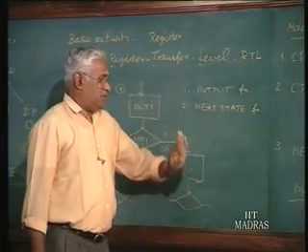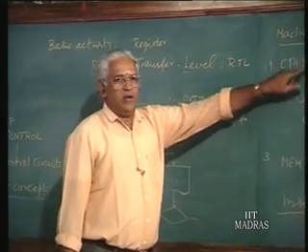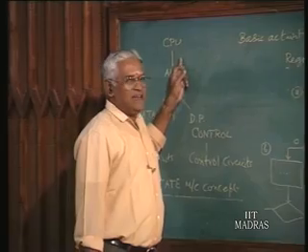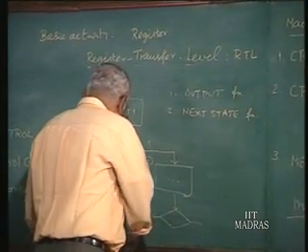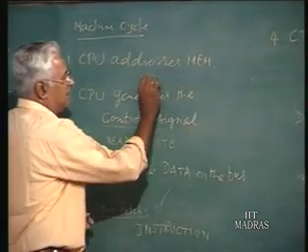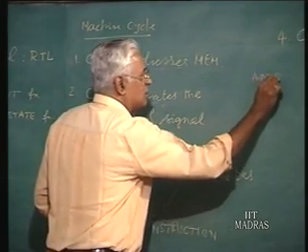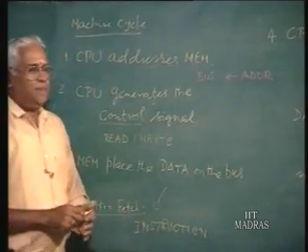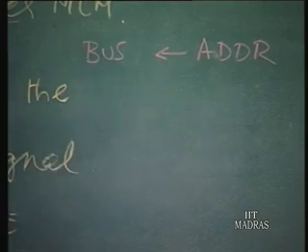Now let's get back to our basic concept. What is that? CPU addresses the memory. So the CPU must place the address on the bus. So now this I will try to translate into this. CPU addressing the memory, this particular thing I will rewrite as some address is placed by the CPU on the bus.